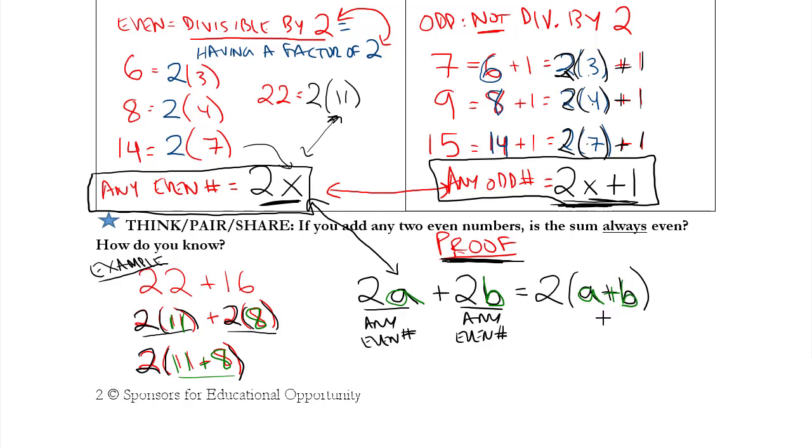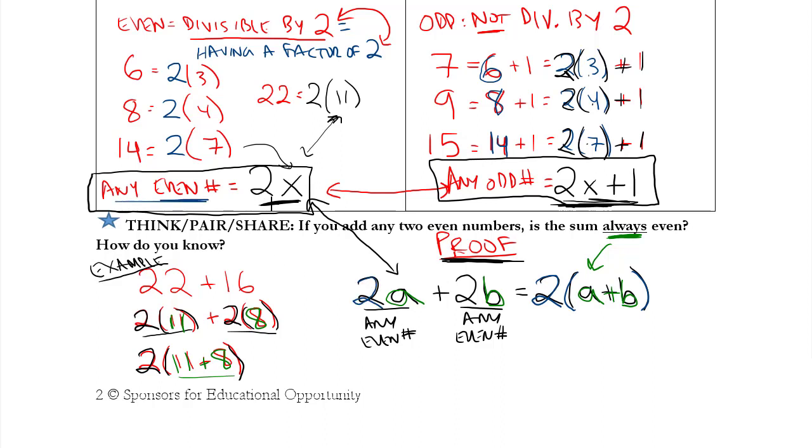And the key idea here is, is the sum always even? We can say it is because this sum right here, this is the big key idea, this sum right here is 2 times something, right? And that's it. That's what an even number is.